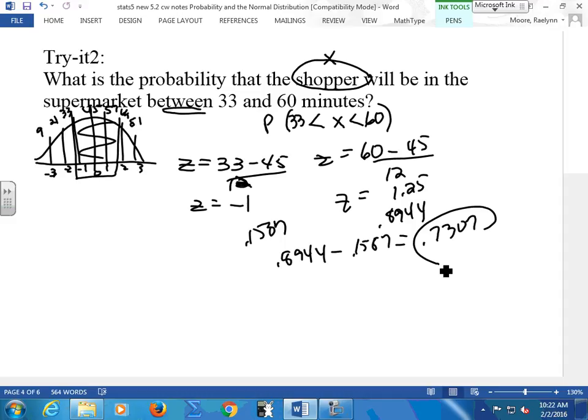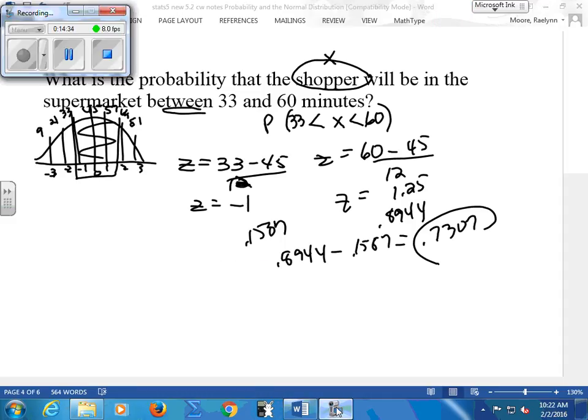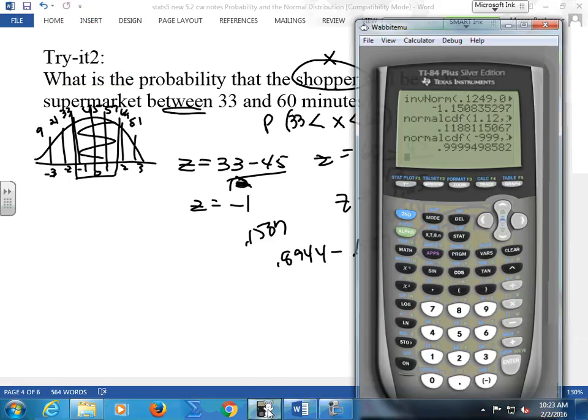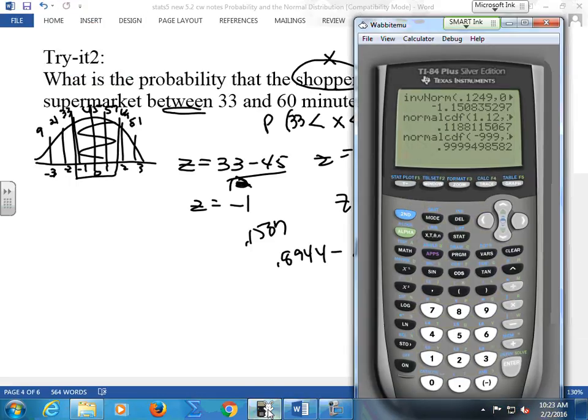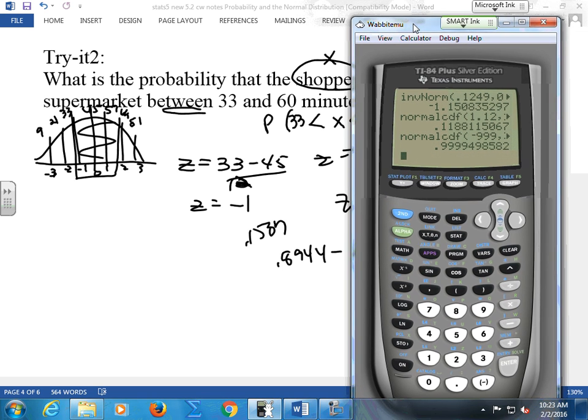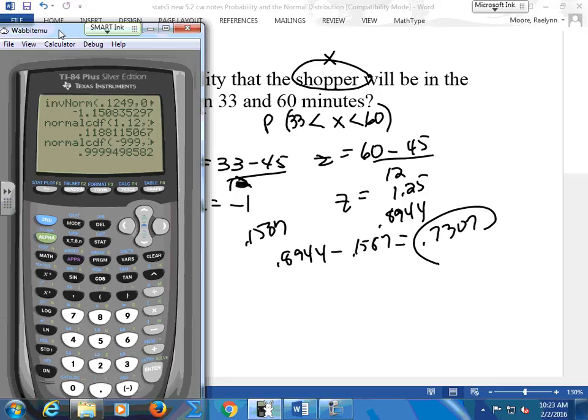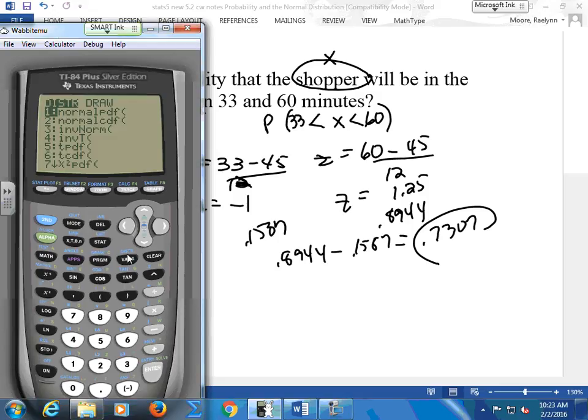Okay? Make sense? Now, let's pull this up on the calculator. Remember we were finding your z-scores, and we had to use your 0 and your 1. We did this once before. Second VARS.